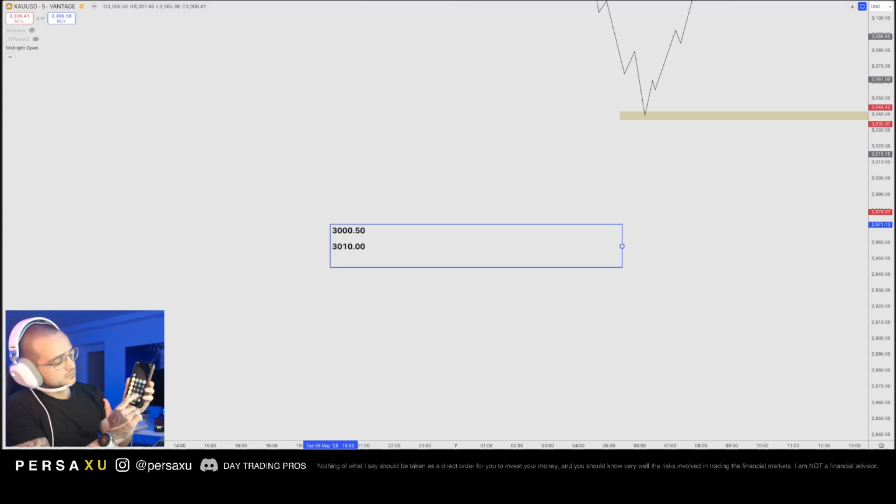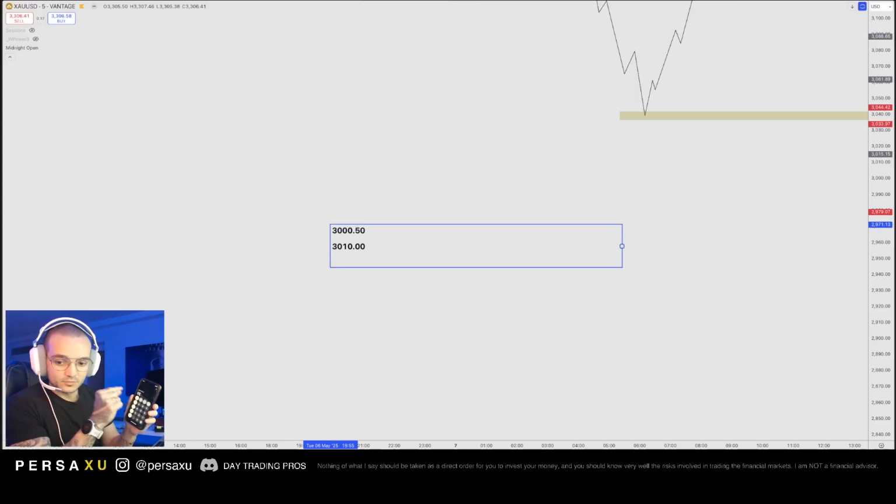Fine, let's do 0.10 times 200 points. That's $20. Perfect. Risking $20. What do you think is appropriate to have to be able to risk $20 in one trade? How much money do you think it'd be reasonable and logical to have?